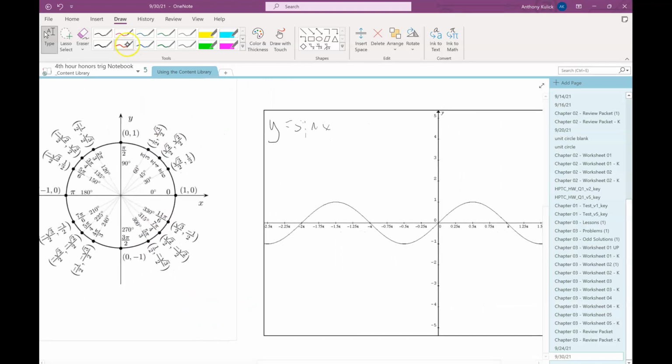Well, basically all we're doing is using the unit circle. So the x-coordinate on my graph is going to be the angle measure. And the y-coordinate is going to be the value for sine. So the y-coordinate from the point. So 0, 0 should be a point on my graph.